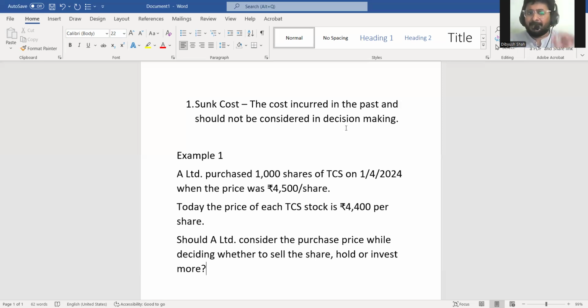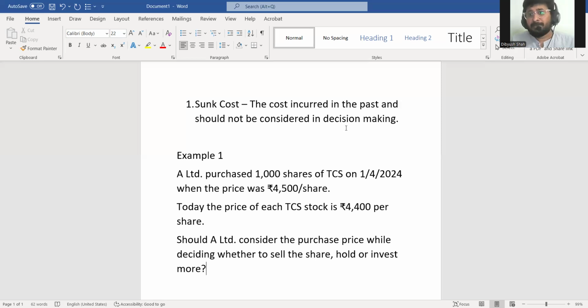When you are deciding today on whether you should hold the share of TCS, sell or buy more, you should take into account future factors, on what you expect from the company in the upcoming years. You cannot change the past. We always say, right, the past cannot be changed. Let it go. So why are you not applying the same concept here? Let go of the past. You will say, but we are incurring a loss. So what?